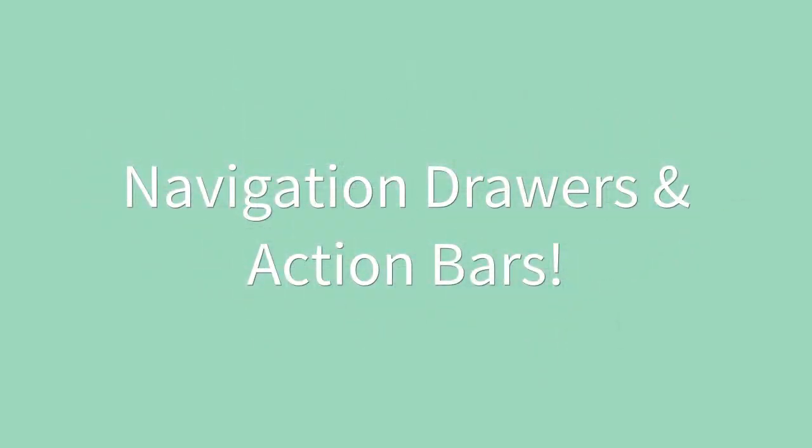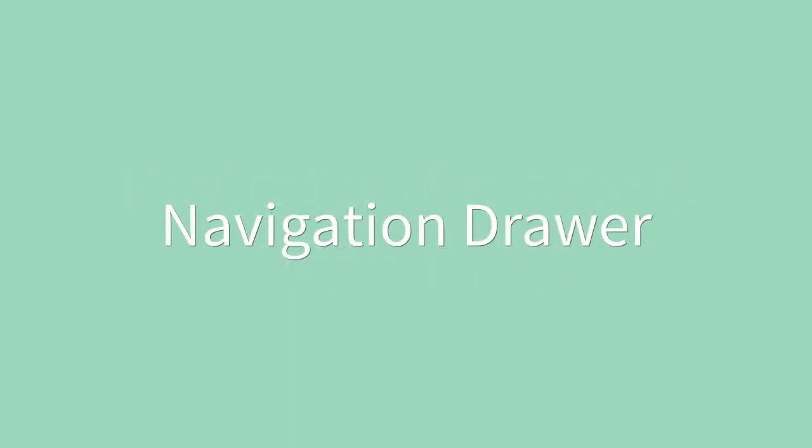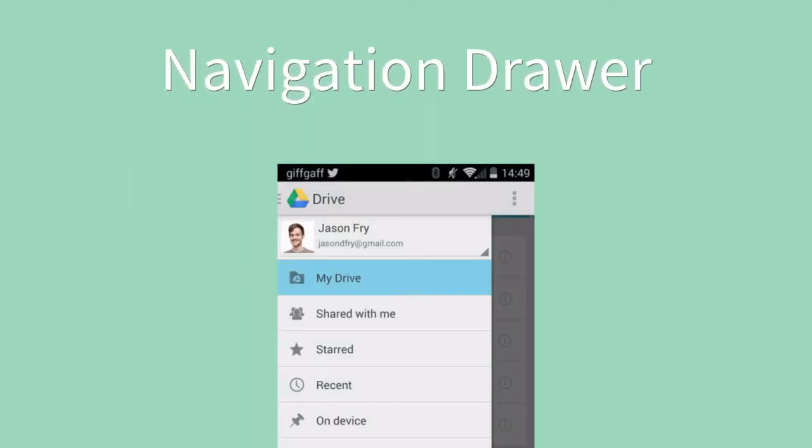So if Android design is not just whacking iPhone type tabs at the top, what do we do? Well, there are 2 different UI components that we can use: navigation drawers and action bars. So the navigation drawer, pretty simple.